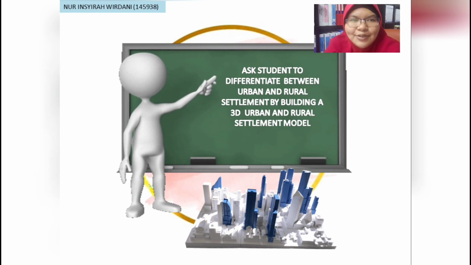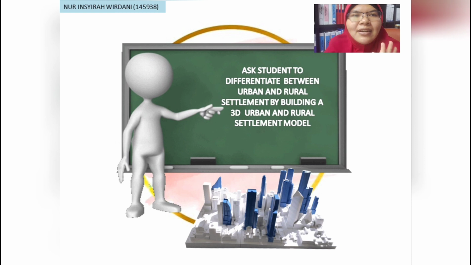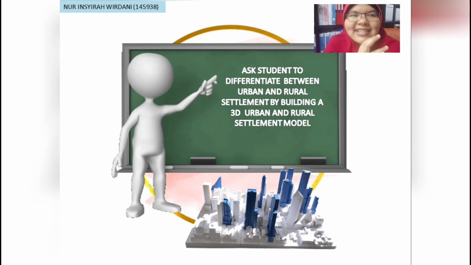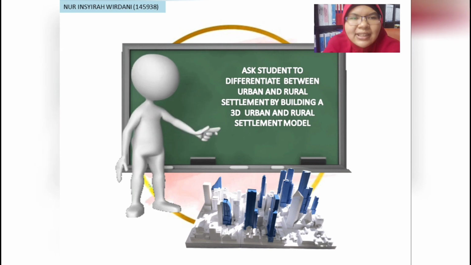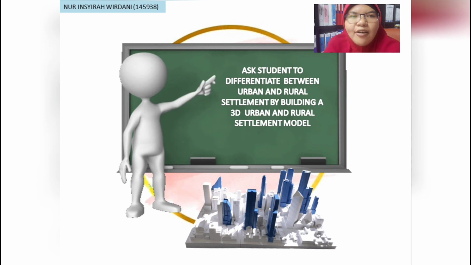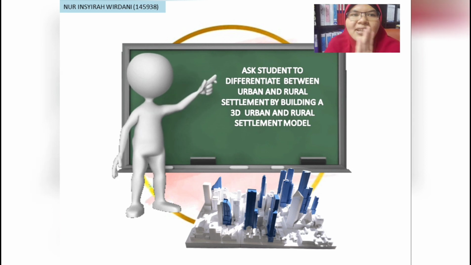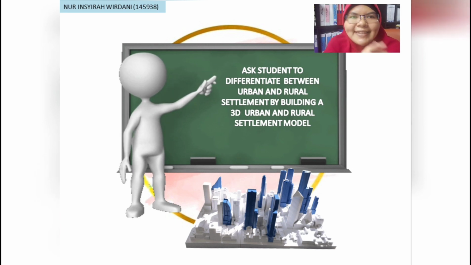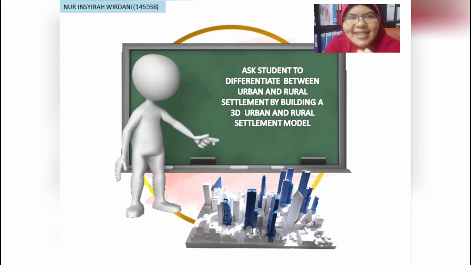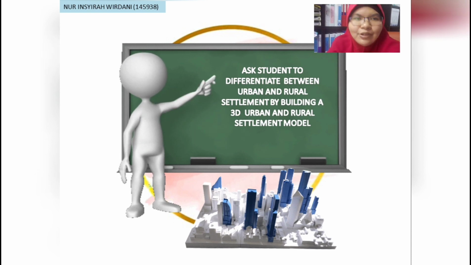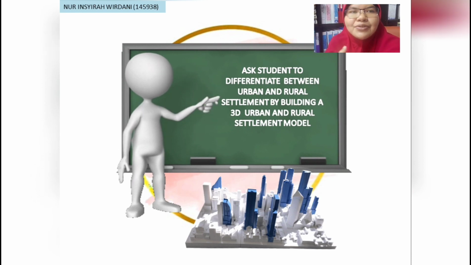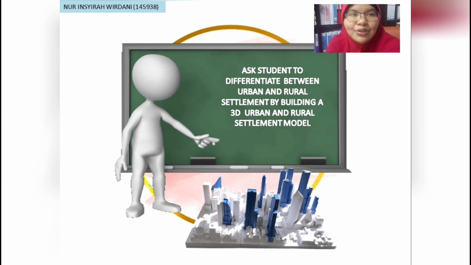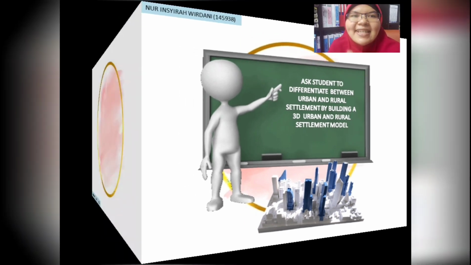The teacher can ask the student to picturize all of the learning standard and portray it in a 3D model, which has to consist of both rural and urban settlement. Students really have to understand the differences between urban and rural settlement, since they have to show the differences in the model.